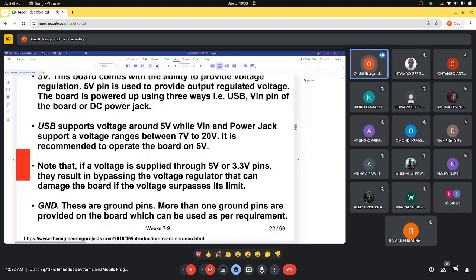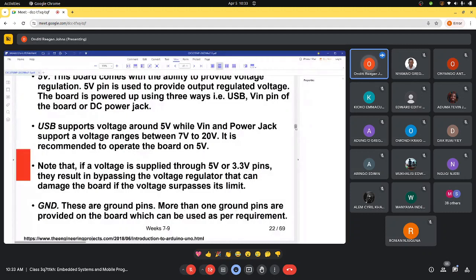So if I need more volts on my board, then I use the jack port or the VIN pin on the board. It is recommended to operate this board at 5 volts, just to be in the safe zone. Note that if a voltage is supplied through the 5 volts or 3.3 volts pin, it results in bypassing the voltage regulator, which can damage the board if the voltage surpasses its limit.